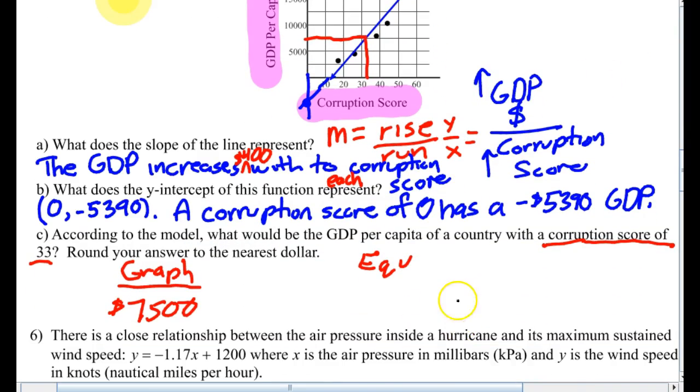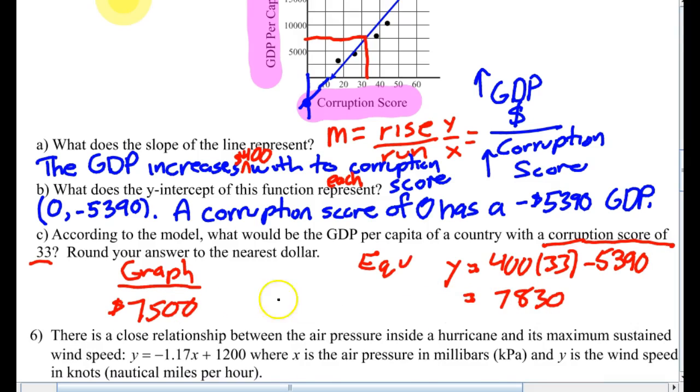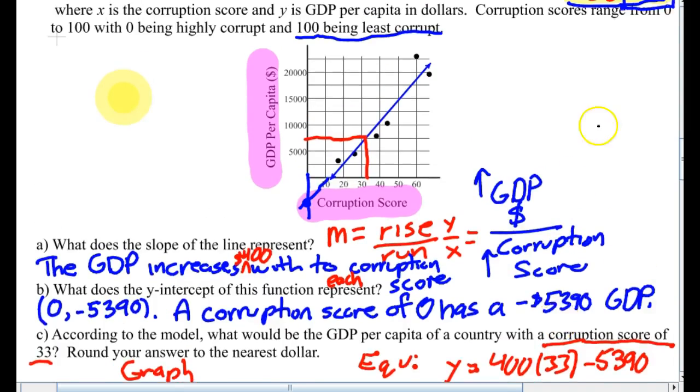And see what you get. So we have y equals 400 times 33 minus 5,390. And I think that comes out to like 7,830. So they come out pretty close, but yet they're still different. So two ways of looking at it, either estimate from the graph or from the equation.